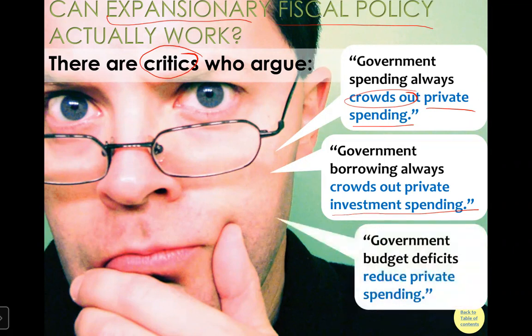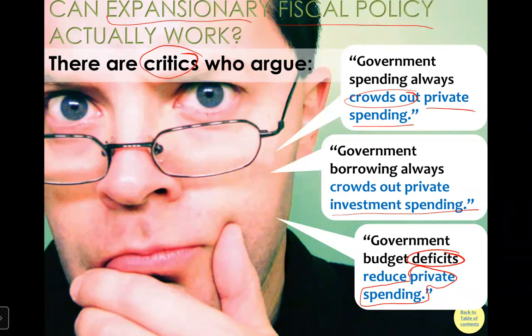Third critique, government budget deficit is going to reduce private spending. What they say is, if the government spends too much, more than they can earn from the tax they collect, they have a deficit. And this deficit must be financed by something. Think about it as an individual: we borrow from the bank to finance a mortgage, or you use a credit card to pay for your phone, your car, or your computer.